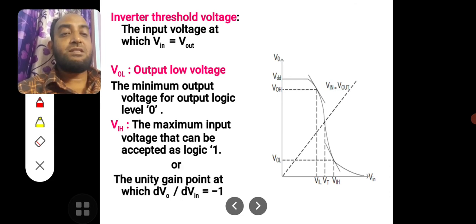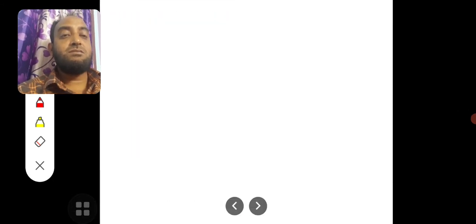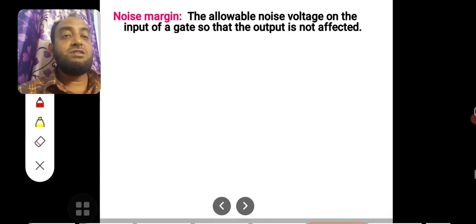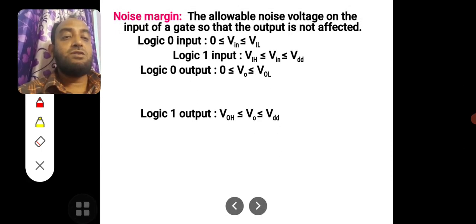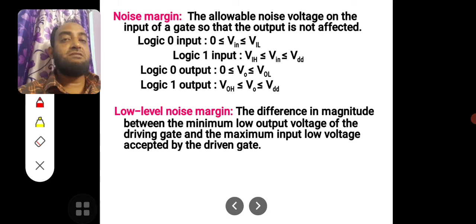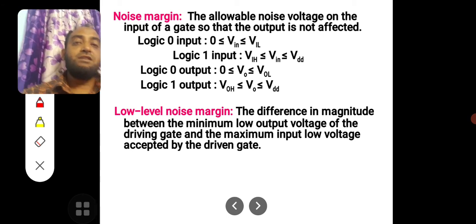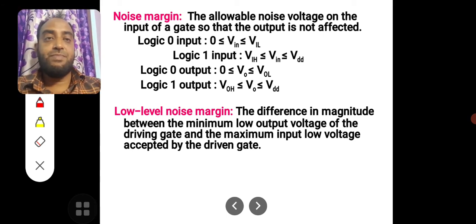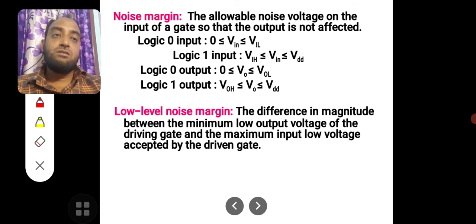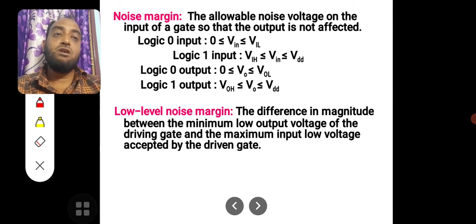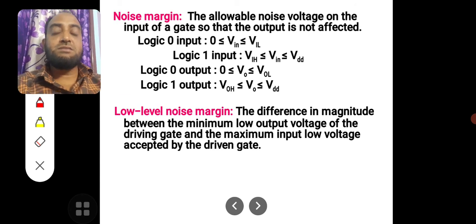If you see the following statements under the heading noise margins, you will understand these voltage levels very clearly. The allowable noise voltage on the input of a gate so that the output is not affected is called noise margin.